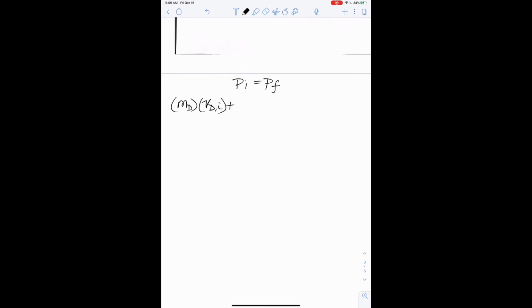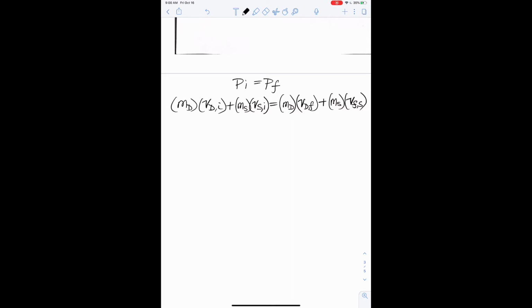And then we're going to add that to the momentum initial of Sandra, which is Sandra's mass times the velocity of Sandra initial. Set that equal to the mass of David times the velocity of David final. So this is David's final momentum right there. And we're going to add that to the mass of Sandra times the velocity of Sandra final. That's okay, the order of the subscripts doesn't matter.